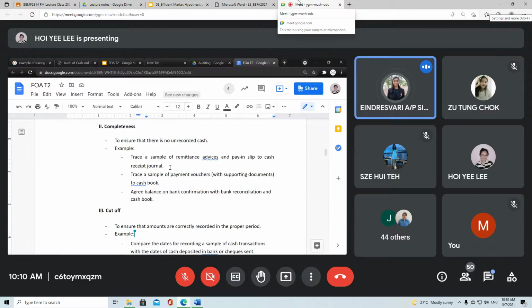What is cash receipt journal? Okay, what is remittance advice?